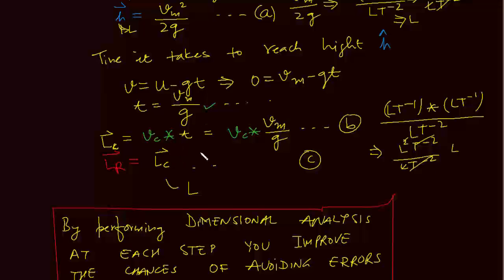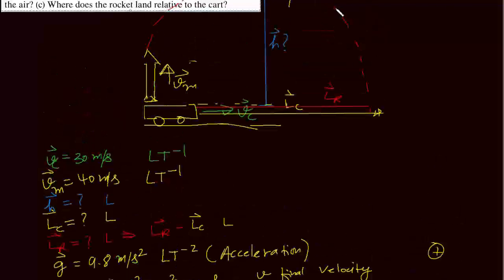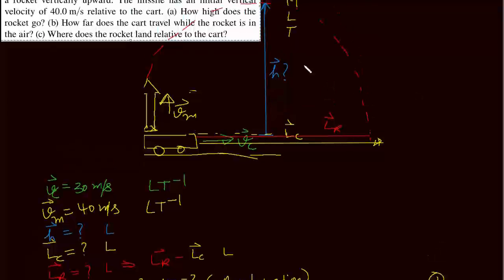This should be 2, because the rocket is going up and then coming down, so it reaches this point at time t and then comes down at another time t.